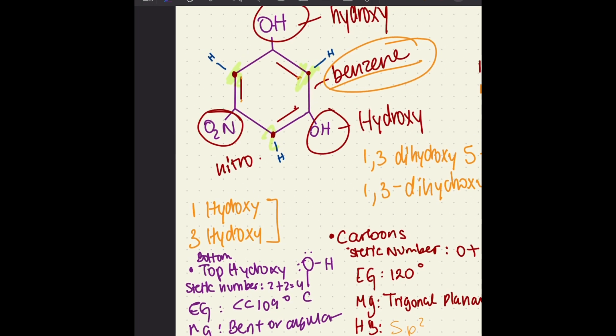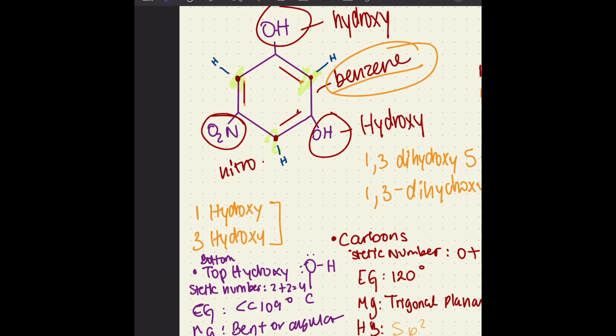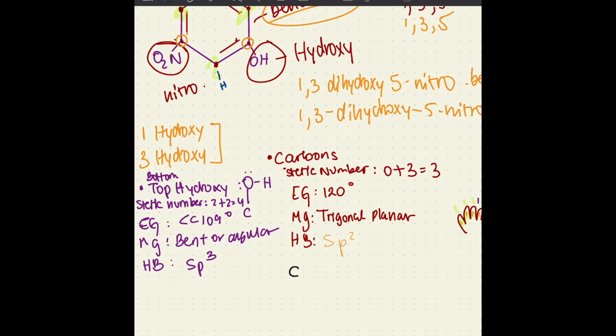So now moving on to the nitro. As I was saying before, now we're going to do the nitro. For better understanding and visualization of the nitro functional group, the nitro is attached to 2 O's, and we have to make this fit the octet rule for the elements.